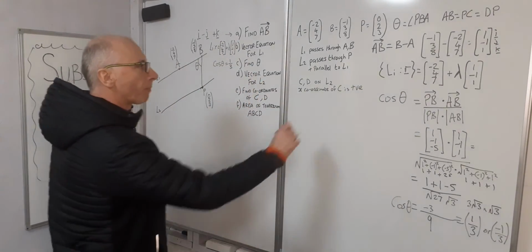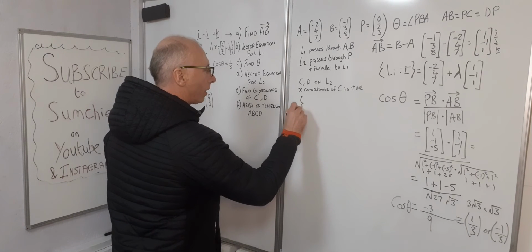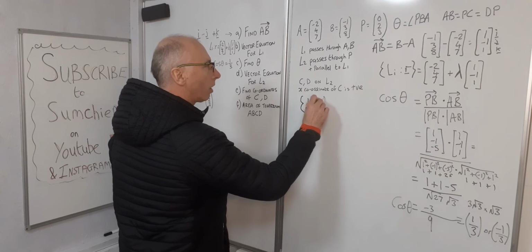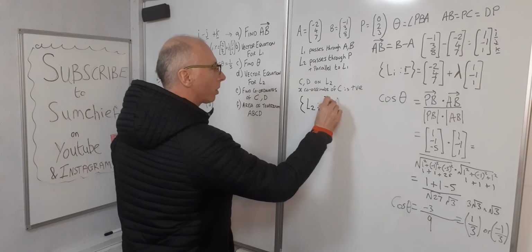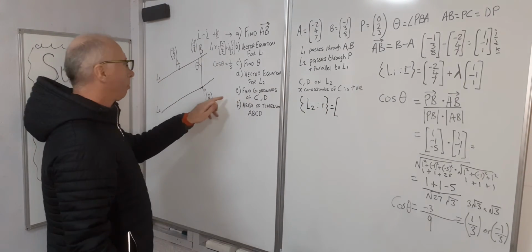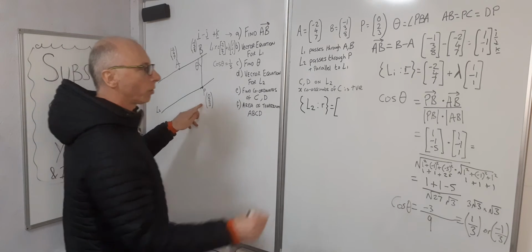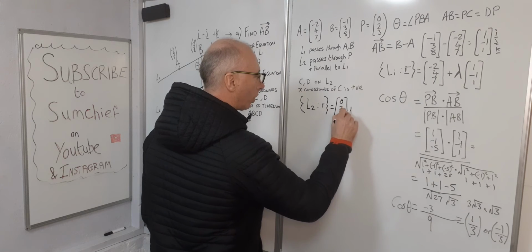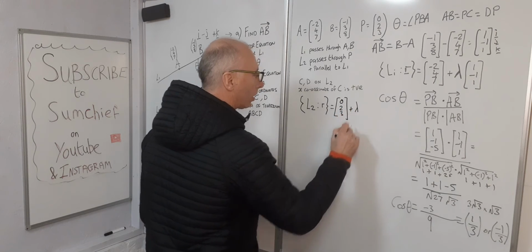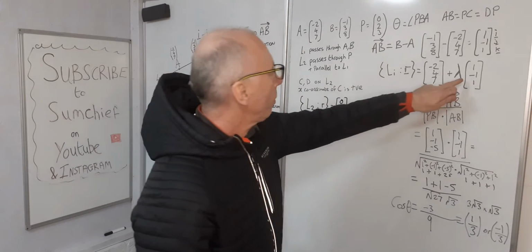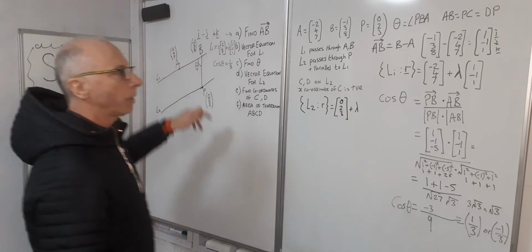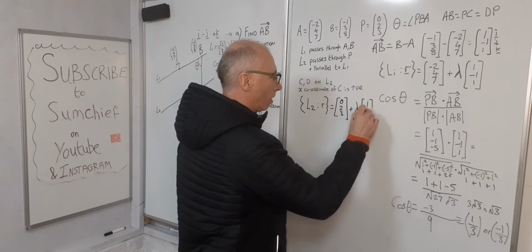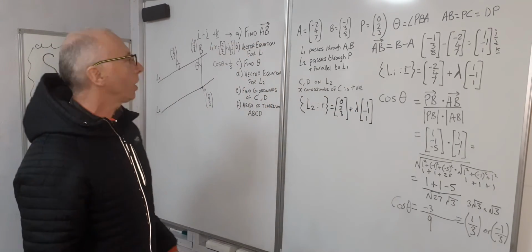So what we can say is that L2, r, equals point P, which is 0, 2, 3, plus lambda, and then the direction is the same as L1, so that's 1, minus 1 and 1. So that's our vector equation there.